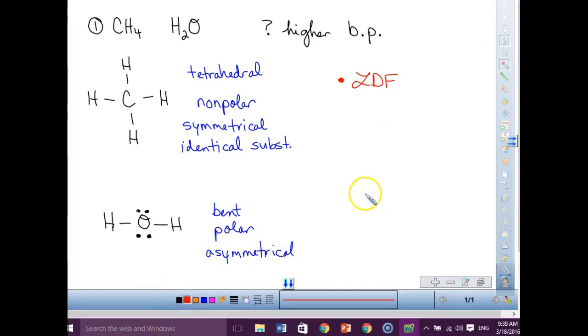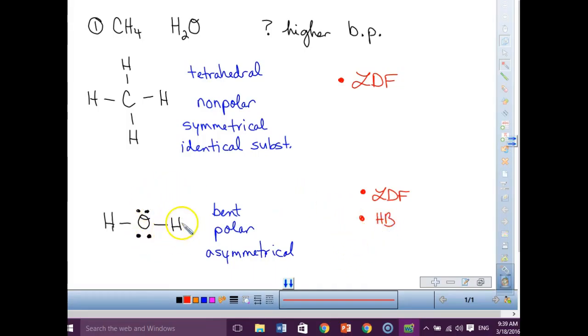So since it's polar, we know it has LDF, but then it either has dipole-dipole, because it's polar, or it could have hydrogen bonding. So does the structure allow for hydrogen bonding? Yes, it does. I'll just abbreviate that HB.